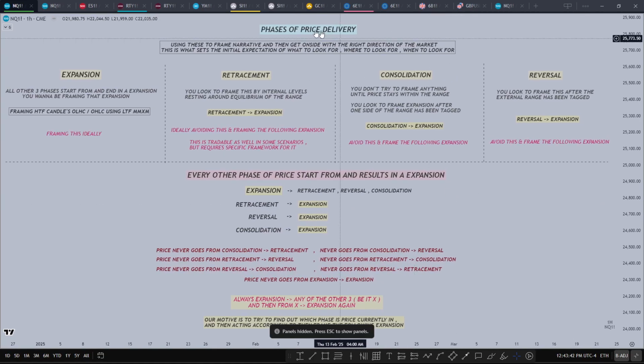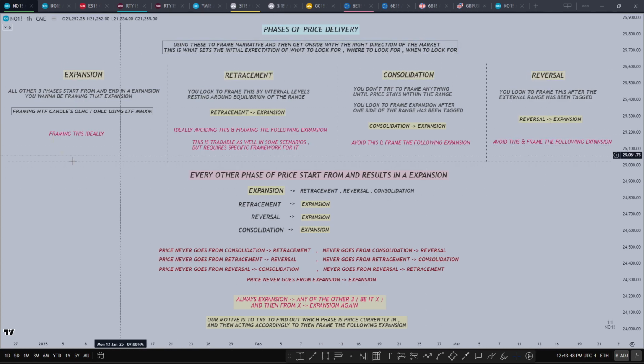Basically there are 4 phases of price: expansion, retracement, consolidation, reversal. You may have known these. Don't read any of this, I will explain in order. Why do we use phases of price in the first place? We use phases of price to give us narrative, the direction to which side we should frame.